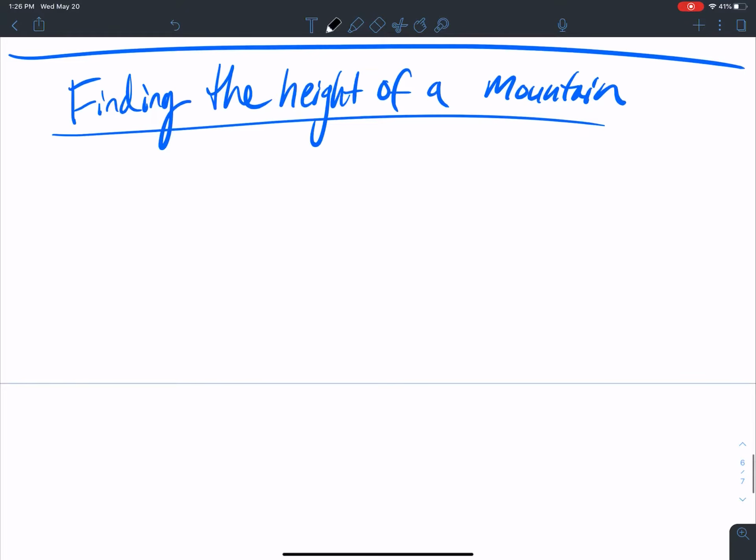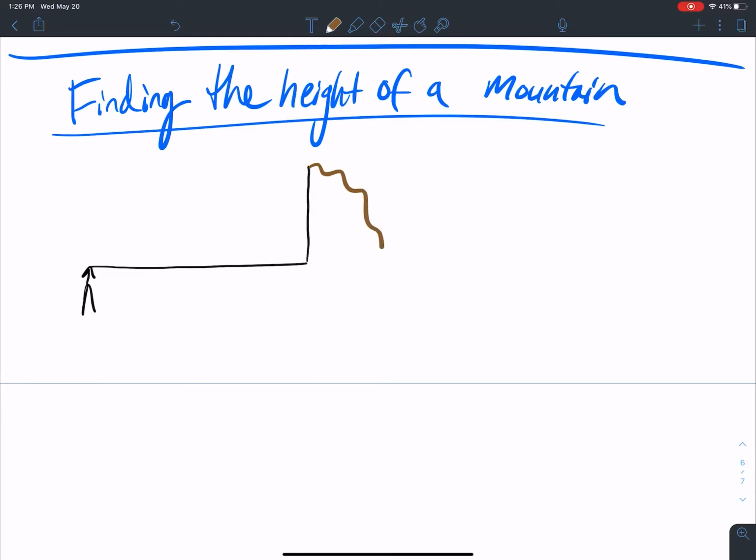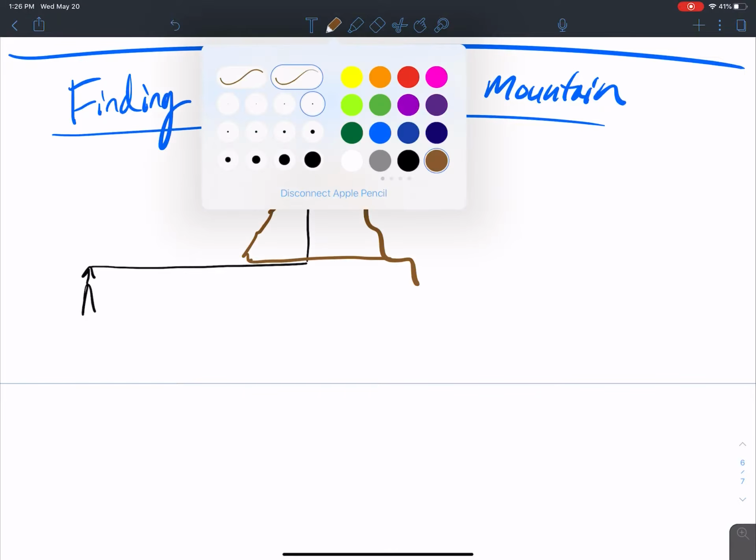Okay, so what does that look like? So you've got the surveyor, and they're looking to the top of a mountain. So you've got your little mountain here. All right.